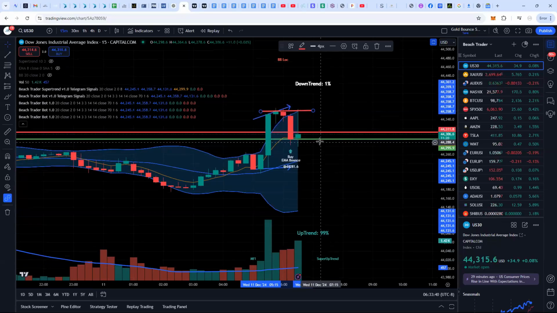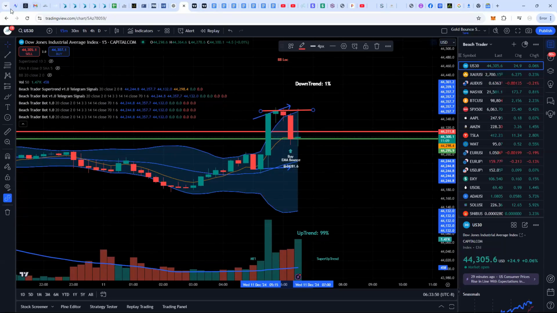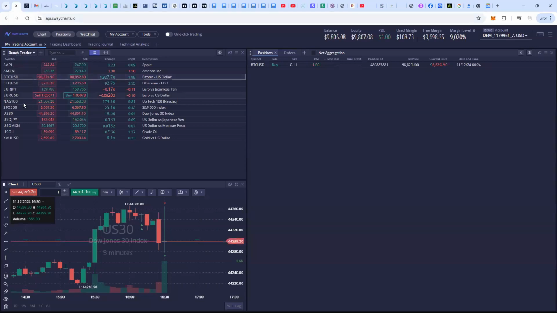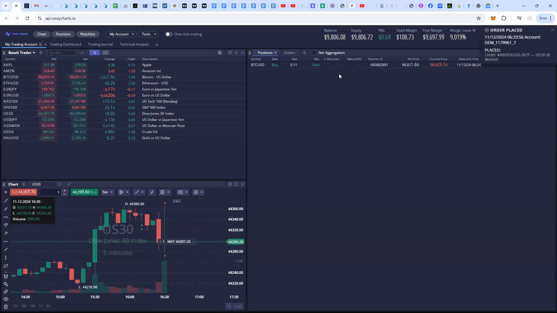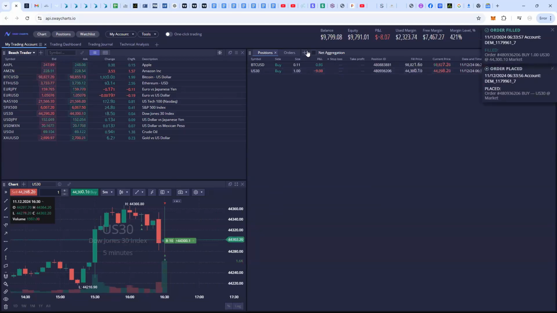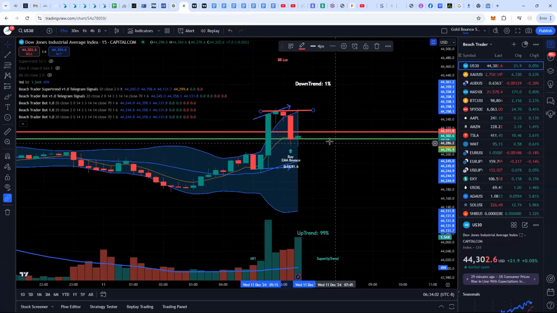Here it goes, it's going down more, and we're about to take the trade right when it goes down underneath this green line. All right, there we go right there. So we want to take a buy on the US 30. All right, and let's see. Let's go back to the trade, and here it is.